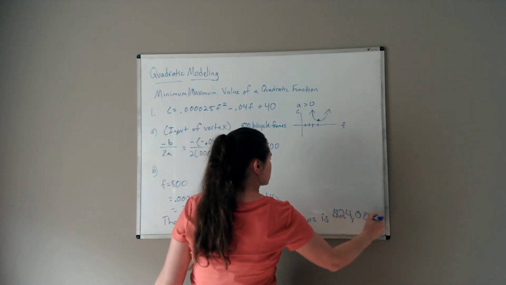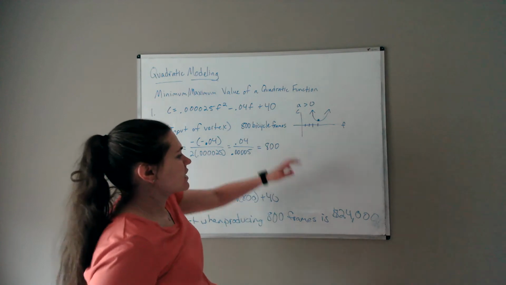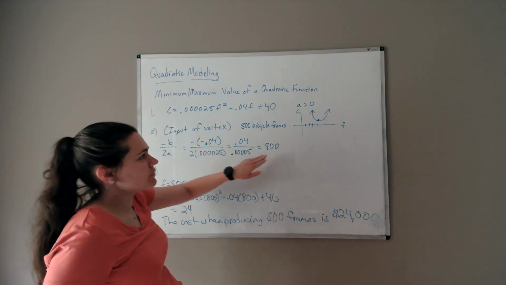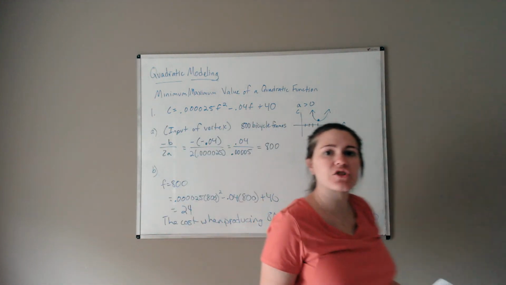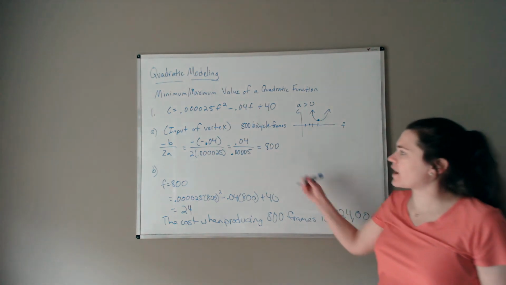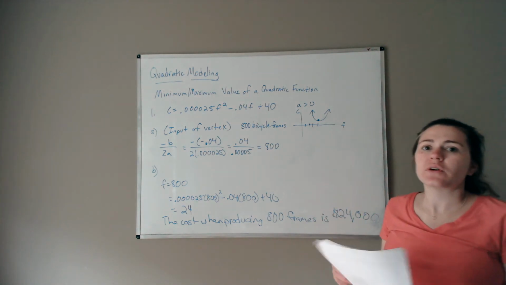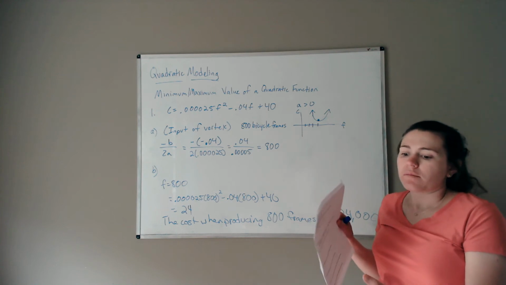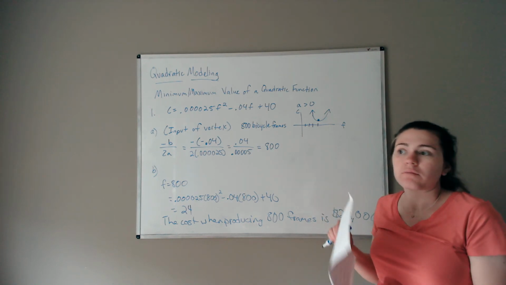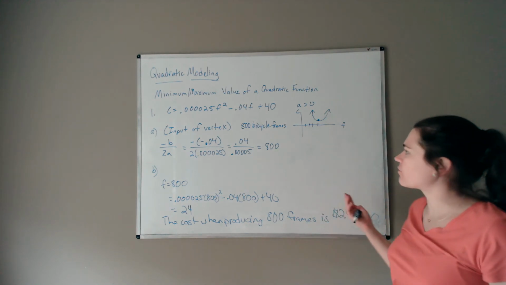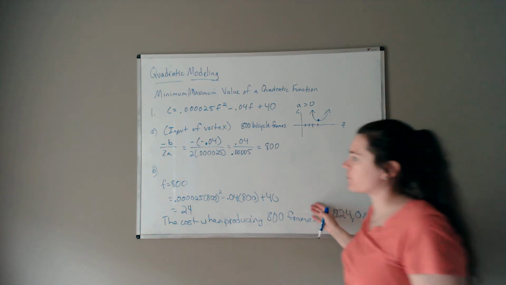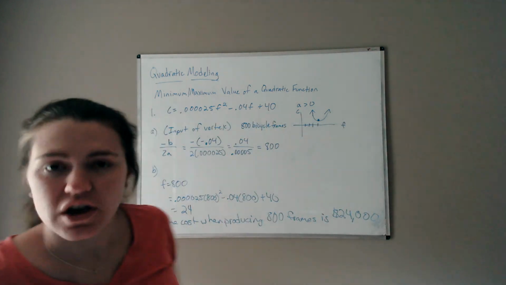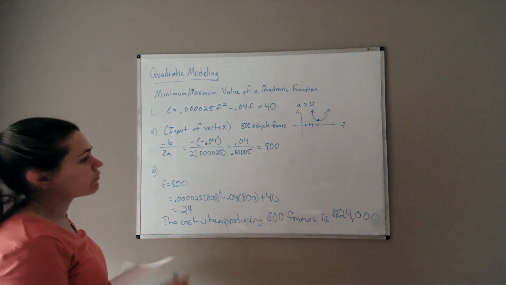That means if they make less than 800 frames, or more than 800 frames, it's going to cost them more than if they made 800 frames. That probably has to do with labor, supplies, ordering, and manufacturing. All of those things play a role in figuring out the cost to the company to make these frames. Okay, so that's it for min-max.